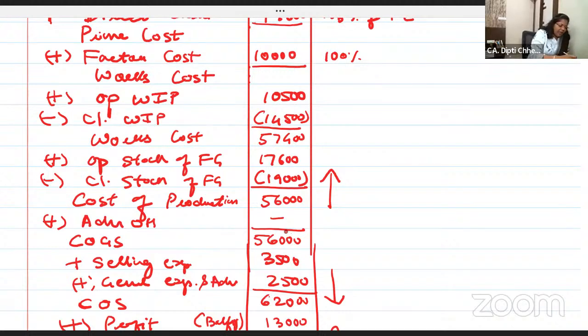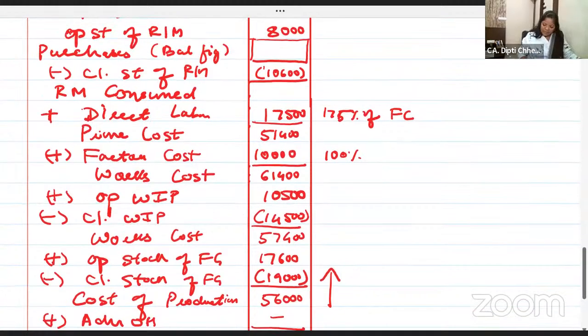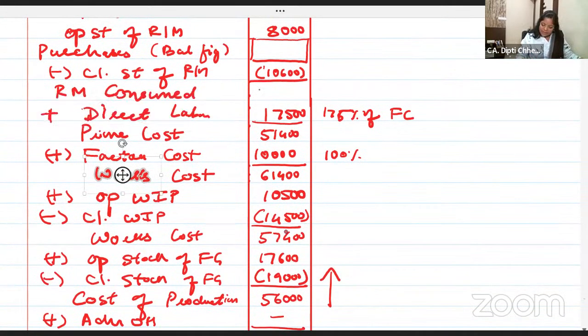Okay? 57,400 plus 14,500 minus 10,500. 61,400 minus 10,000. 51,400 minus 17,500. 33,900 is your raw material consumed.